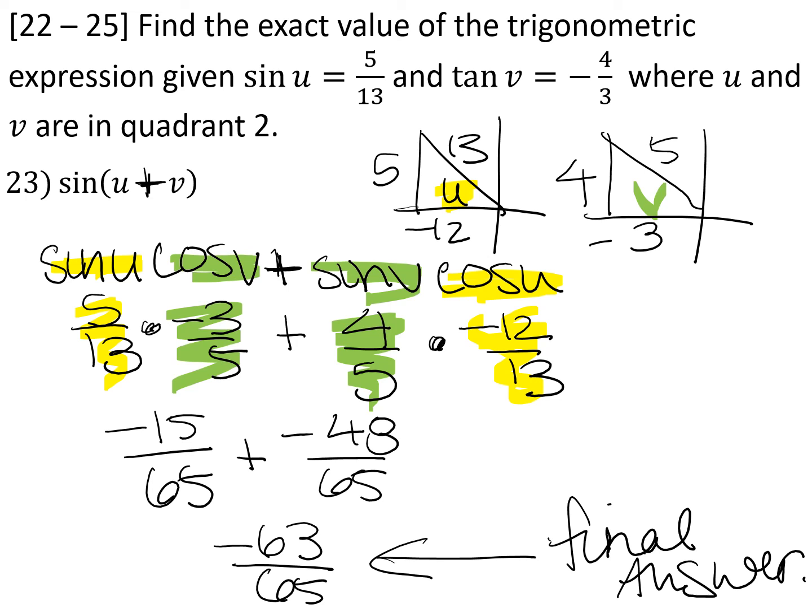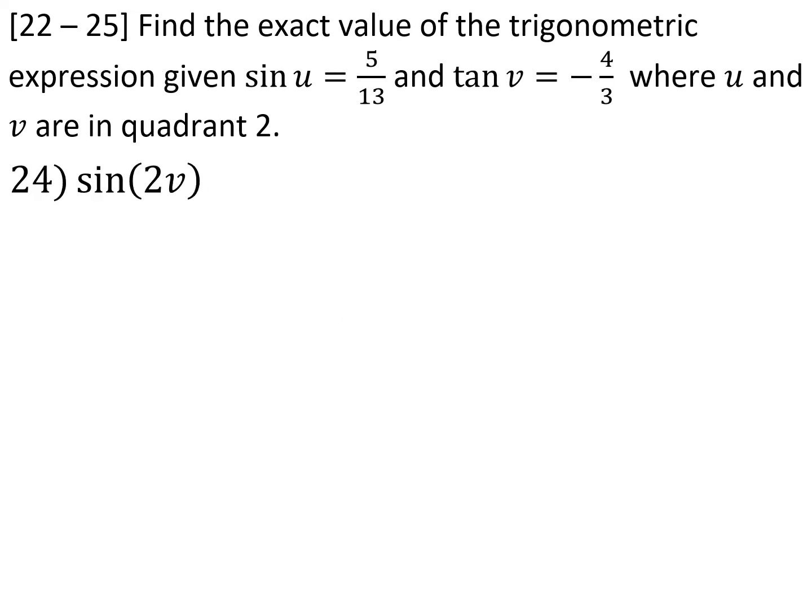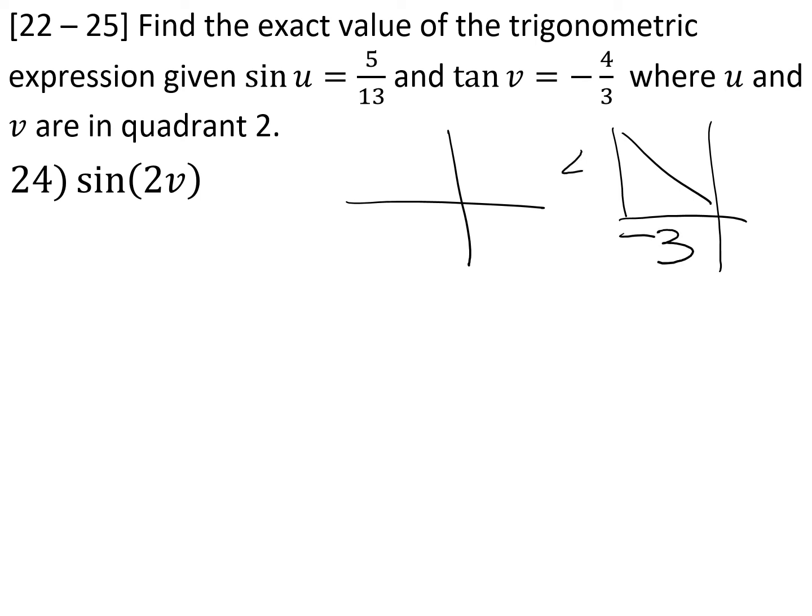All right, and it looks like in the next one we're using the same triangles. So I'm going to draw them again really quick. Okay, so my triangles here are -3, 4, 5 for V, and then this one was 5, 13, -12. So sine of 2V, I'm only going to use this triangle here.